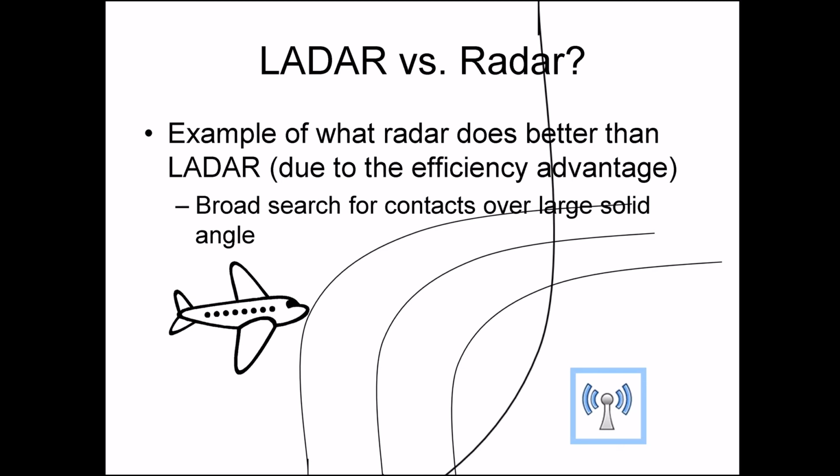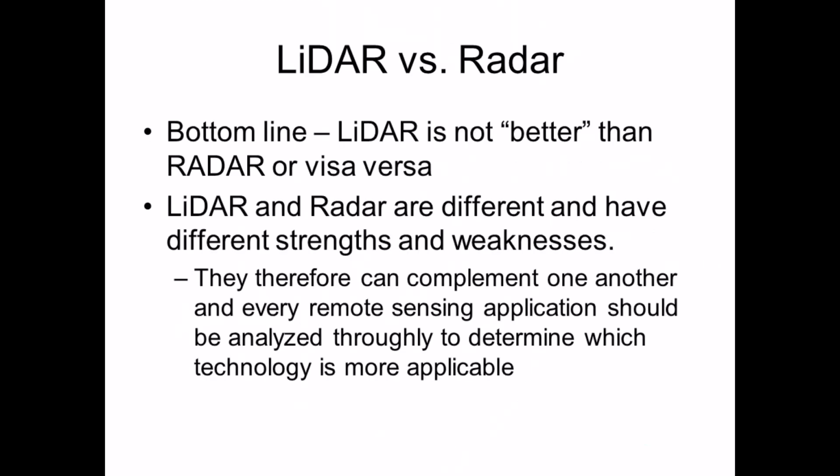And so, this is an example of where radar is superior to laser radar, if you're just interested in the broad area search and knowing that there's an intruder there. And the takeaway here is that radar and LiDAR are different. One is not necessarily better than the other, or vice versa. They have different strengths and weaknesses, and as I was just saying previously, they can complement one another.